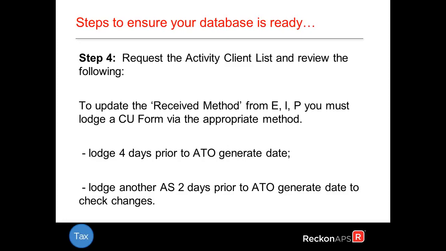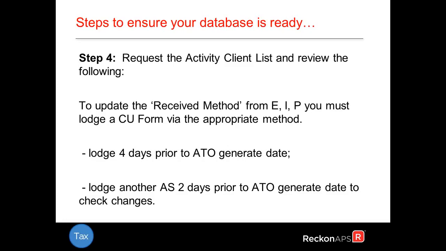The reason for that is it allows you to go through the activity statement client list and review all the clients that appear in the report. So you'll see TFN and ABN, you'll see the client name, you'll see the sort name, the postal address, whether the client's registered for GST or not, and the method in which the client receives their activity statement. And that is in an electronic form, an internet form, or a paper form.